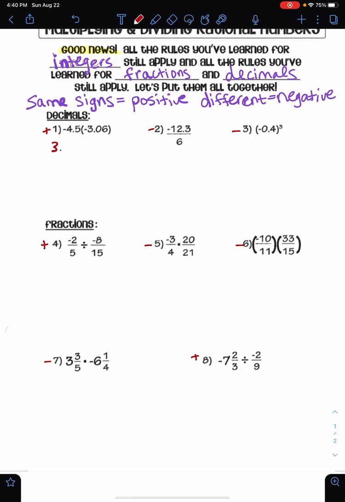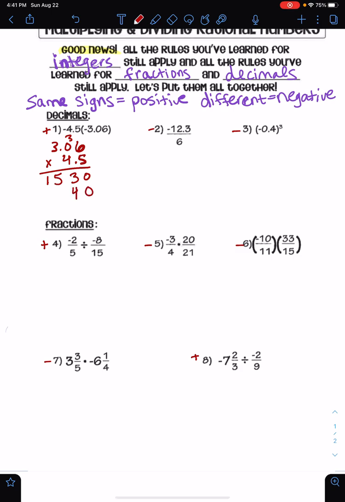So for number 1, let's multiply these two. So we have 6 times 5 is 30, and then 5 times 0 is 0, plus 3, and then 15, and then we're going to put a 0 down here.